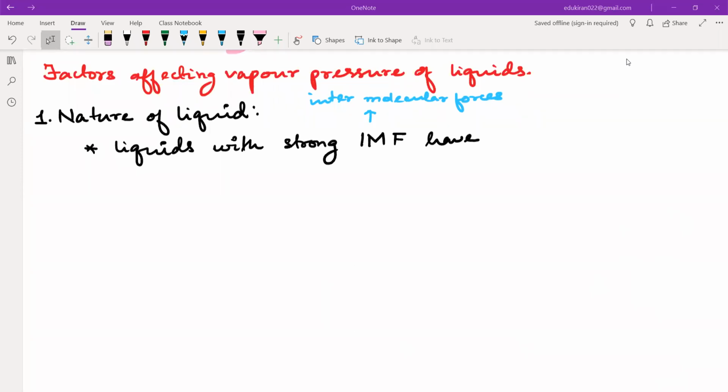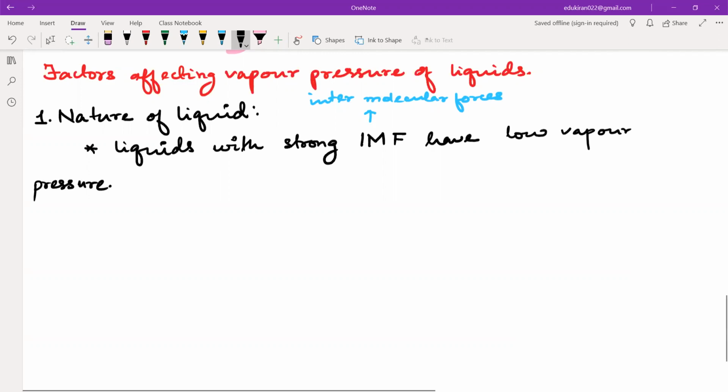Low. The liquids with strong intermolecular forces have low vapor pressure. Is this understood? Everyone is with me?